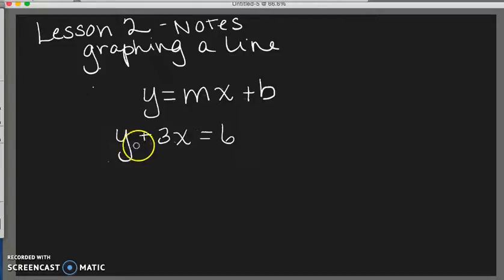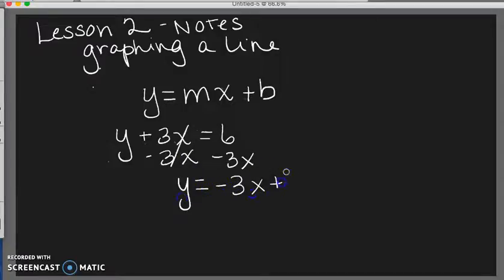So you must rearrange or balance your equation so that it is in slope-intercept form. So for example, you subtract 3x from both sides, y equals negative 3x plus 6, and therefore your y is now isolated. And when it's isolated, then you are able to identify your slope and your y-intercept.